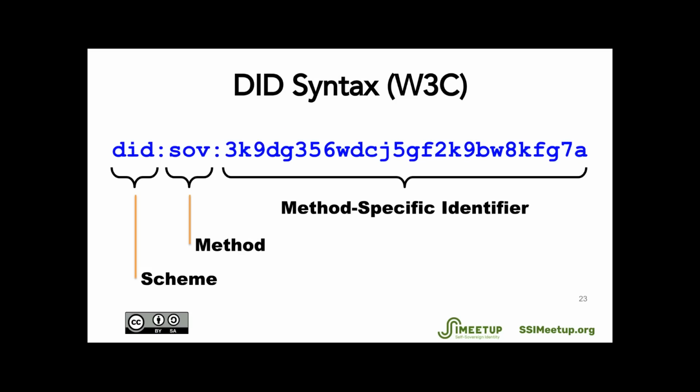And the reason we did that is that second part, the method identifier, allows DIDs, what we call DID methods, to be designed to work with different blockchains, so that you can have DIDs for Bitcoin and Ethereum and Sovrin and Verus, and we'll cover the whole list in a minute. Now, each of those has what's called a DID method spec.